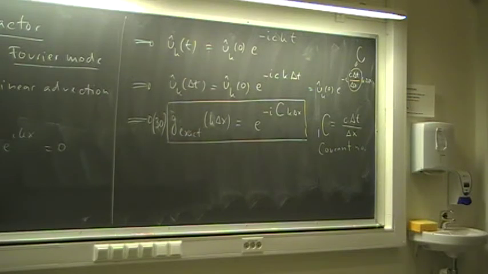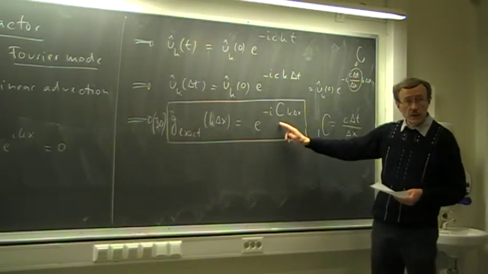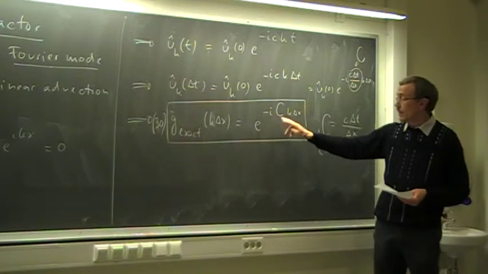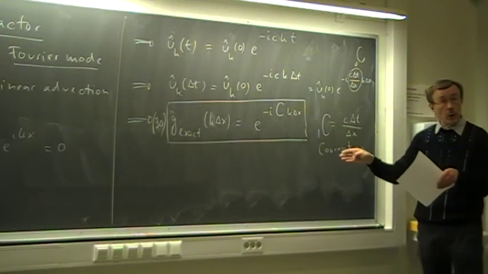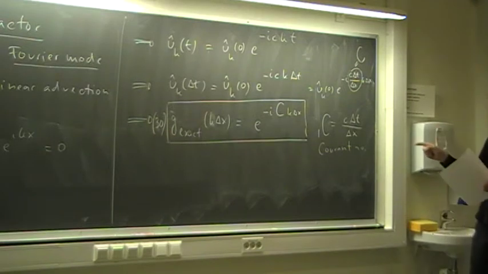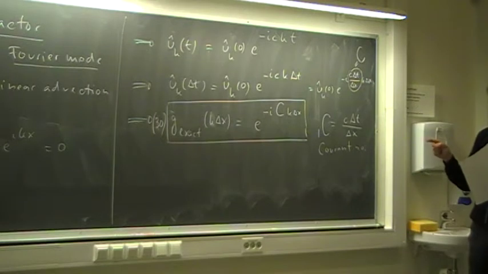One thing that is quite obvious is, if you think of Euler's formula, this is a cosine of this plus I sine. If we take the absolute value, it will be 1. So that means the exact amplification factor does not change the modulus. The absolute value stays the same.